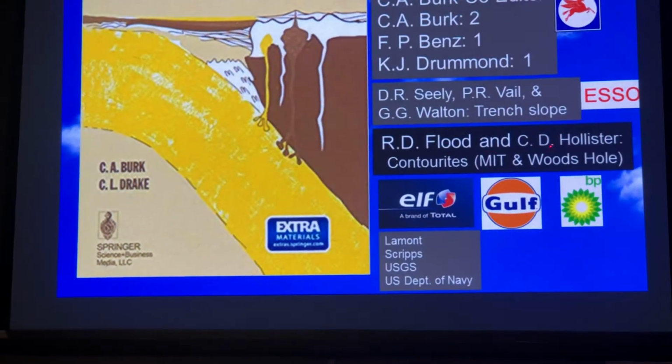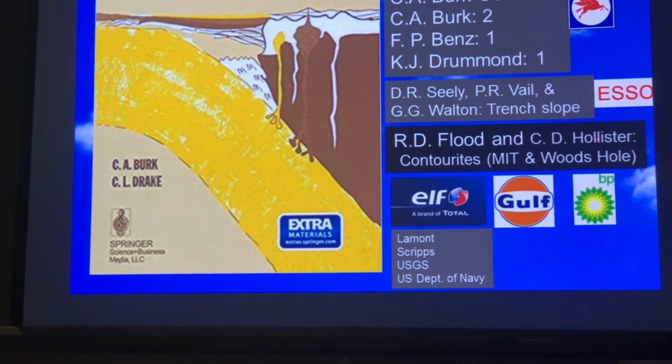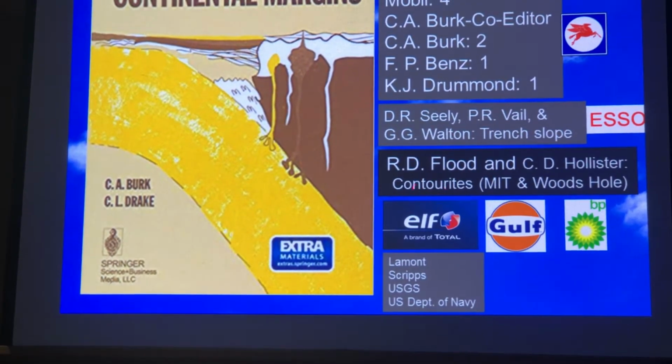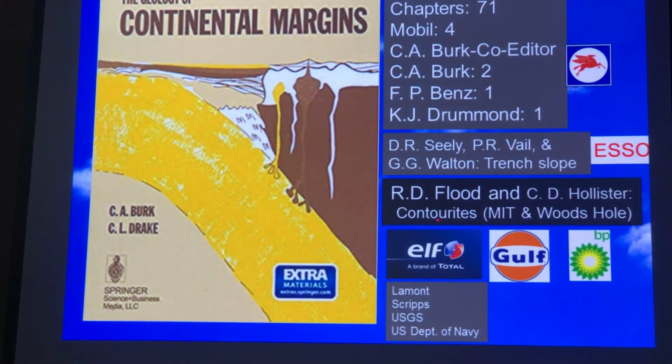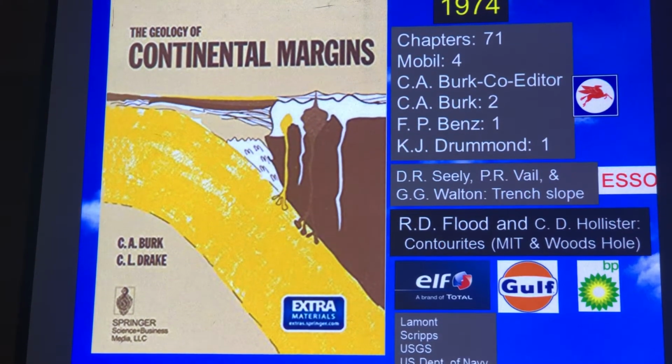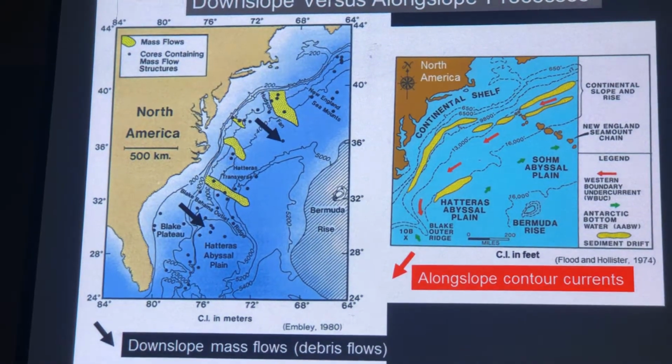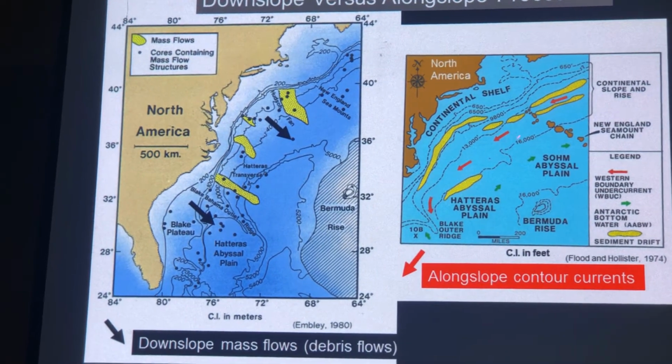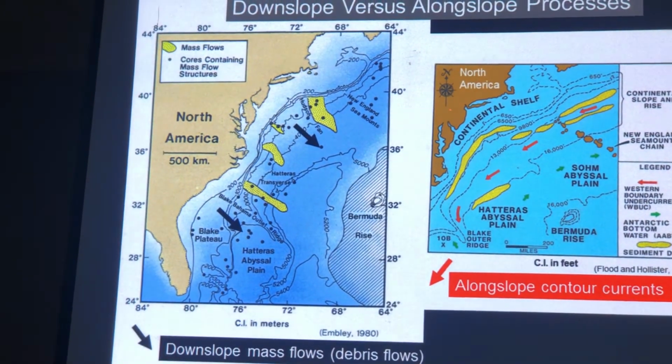Perhaps the most important chapter in this book is by Roger Flood and Charlie Hollister. They wrote a chapter on contourites. This is important because this is quite different from turbidites. This is the diagram from that chapter. This is North America.